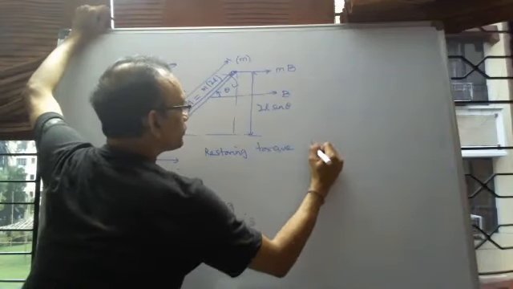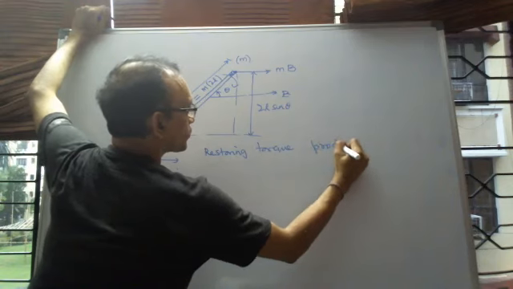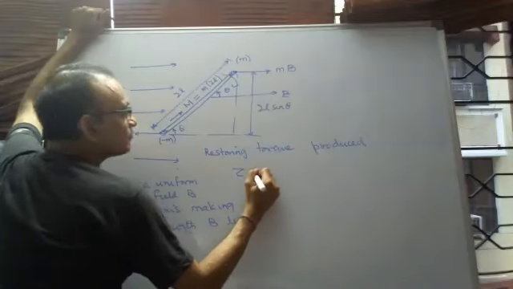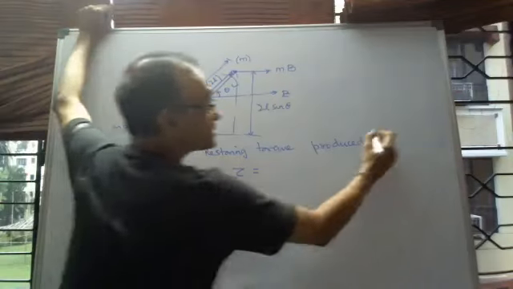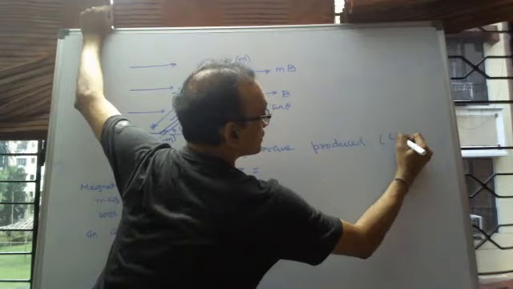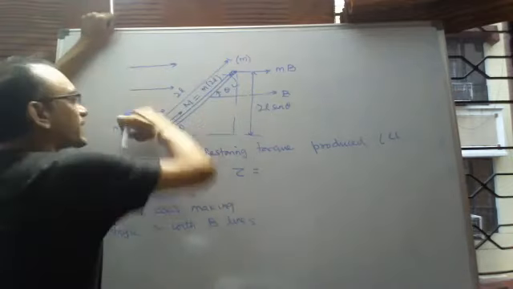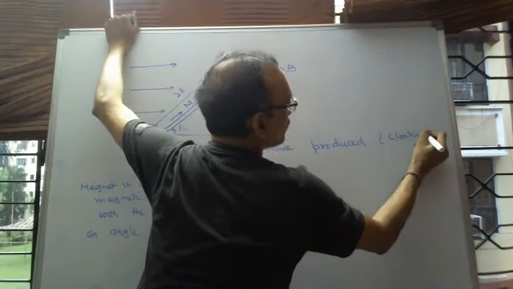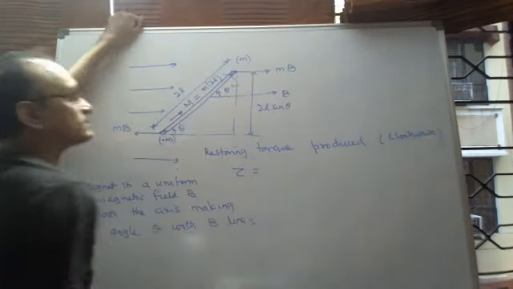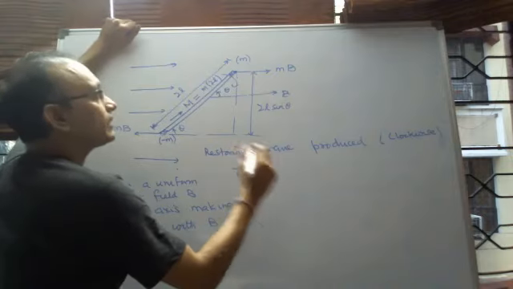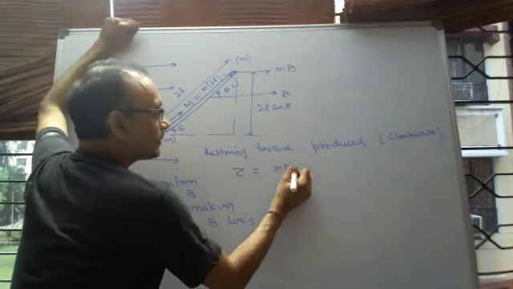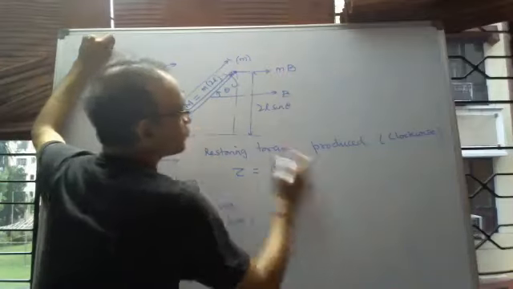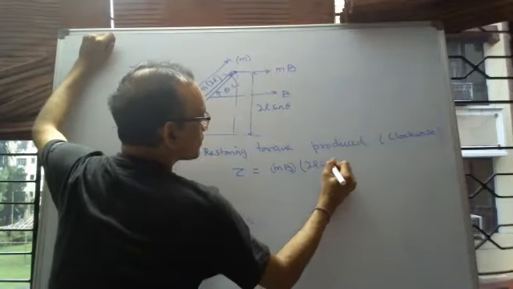The restoring torque produced, tau, is of magnitude, in this case clockwise. In this case clockwise is produced, this MB will rotate it like this. Clockwise in this case, anti-clockwise also sometimes. Clockwise is MB, the magnitude of either of the two forces, into the separation between these two parallel forces, 2L sin theta.